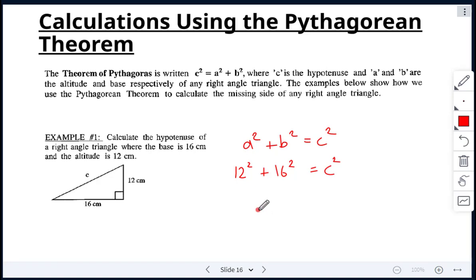So you can put that into your calculators. 12 squared is 144. 16 squared is 256. Add those two together, that gives me 400.